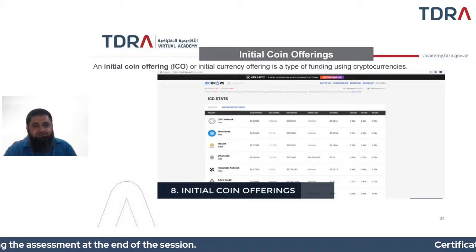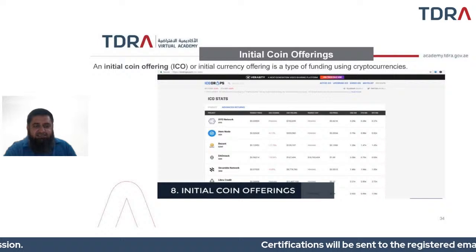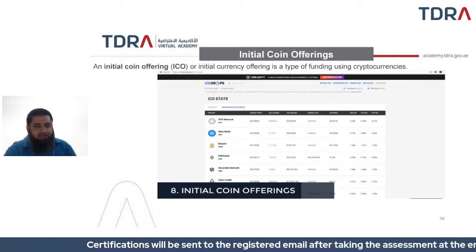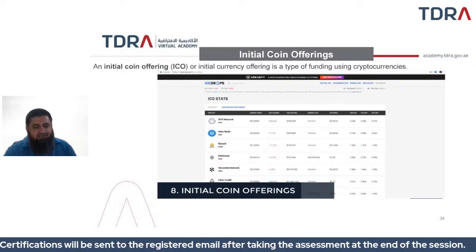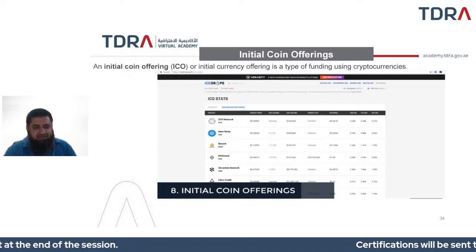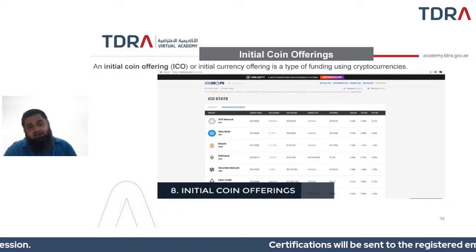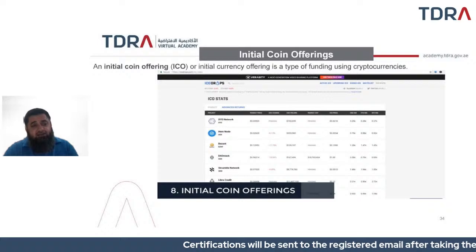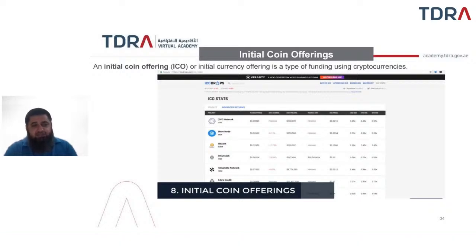For example, I want to launch a theme park where different families and children can come and enjoy and entertain themselves and have very delicious food. So for that, I need about 2 million dirhams. I'm going to request people to invest, because I only have 500,000 dirhams. So I need 1.5 million dirhams more to complete that project.